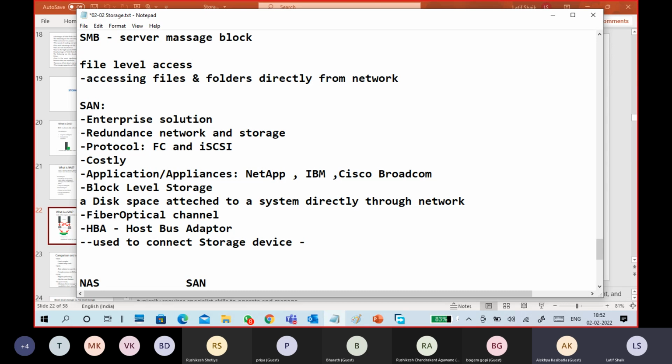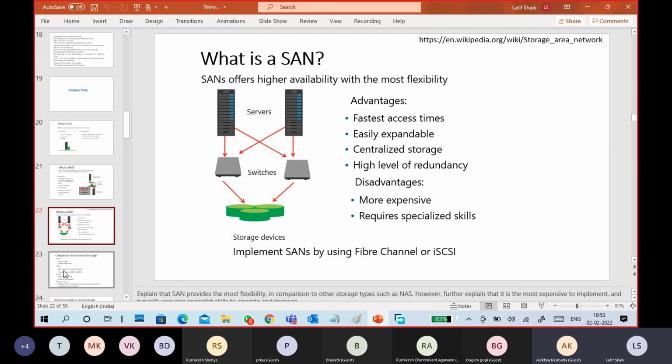On one side, your storage device, that box, and your fiber optical switches, and also servers, file servers. So HBA is nothing but an adapter, guys, it is not a big deal.